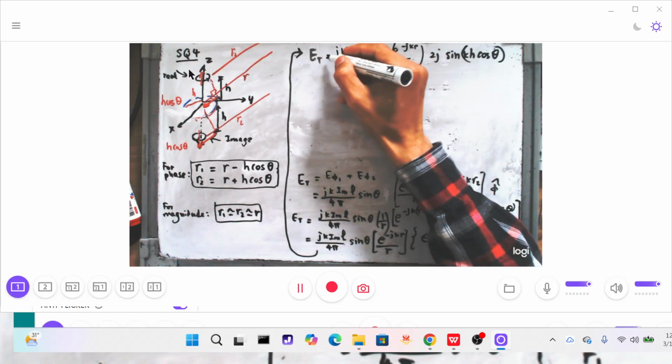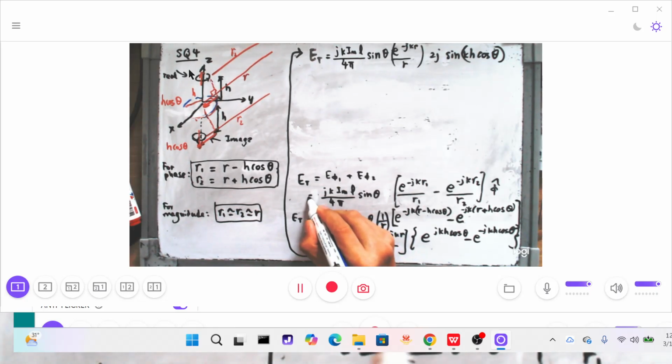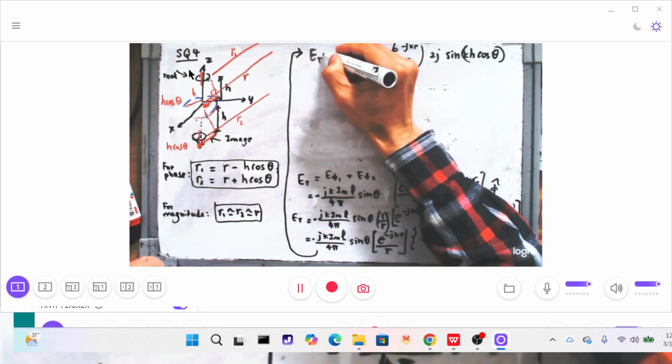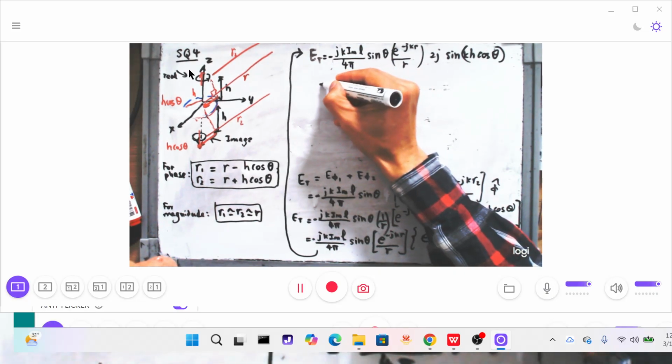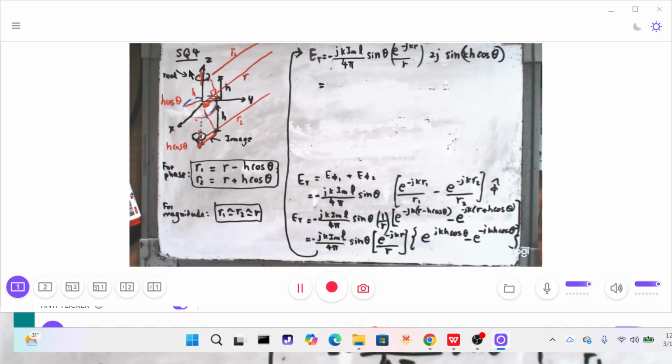So there is a minus sign here. So I will do this here. At the time when I converted from magnetic to electric, I missed the minus sign.